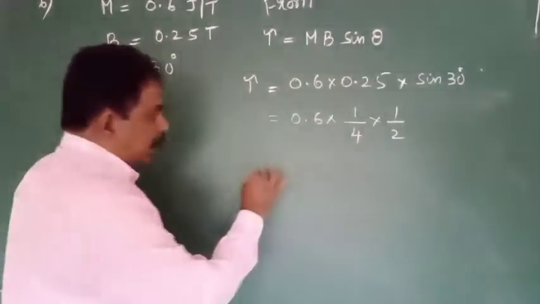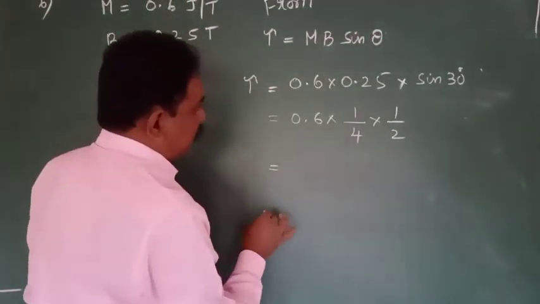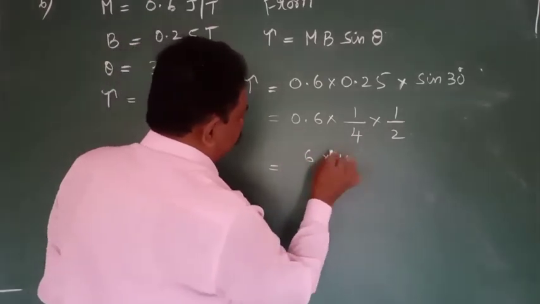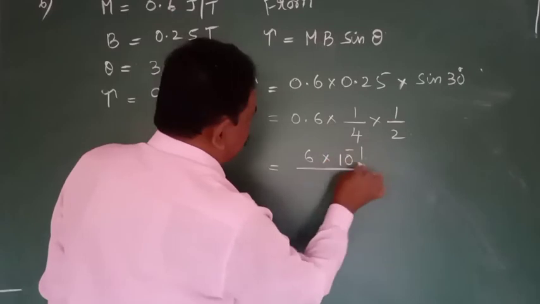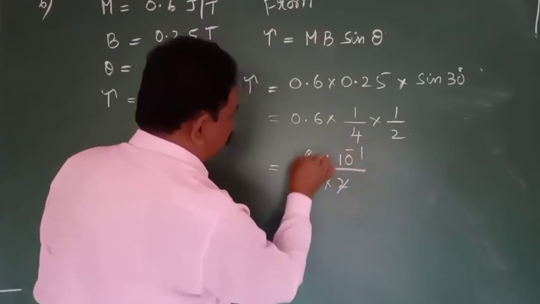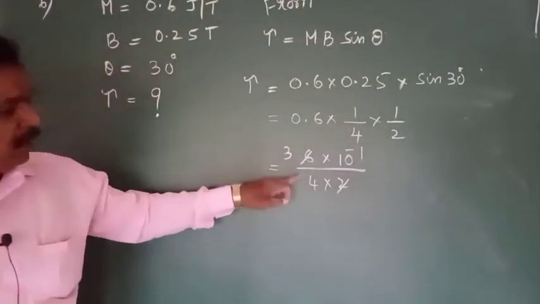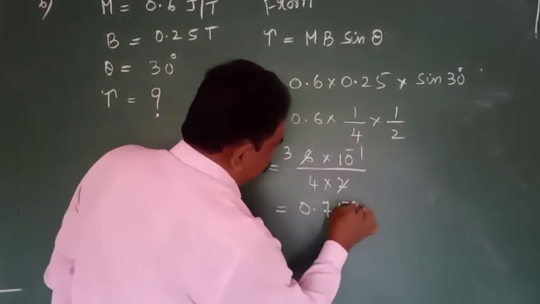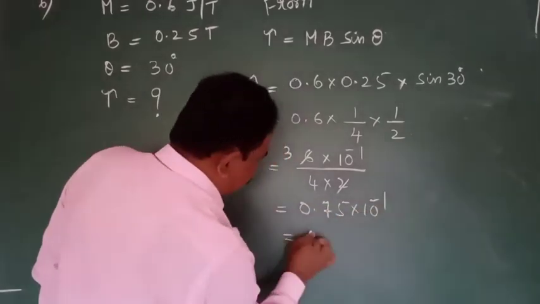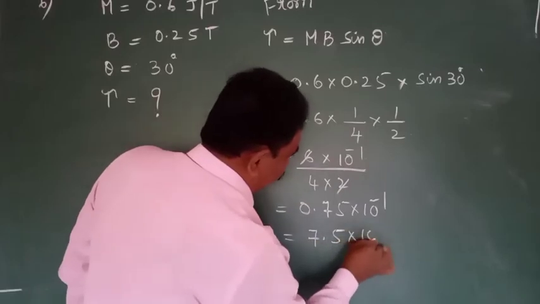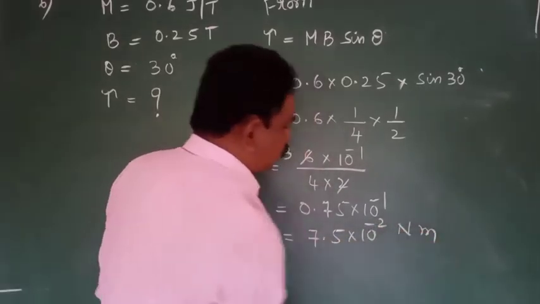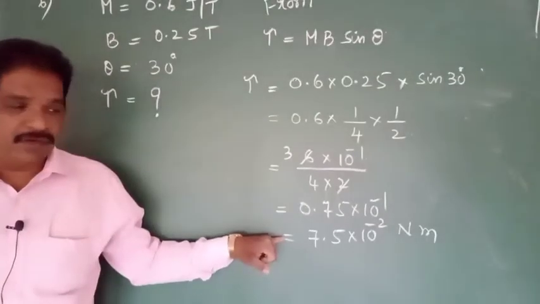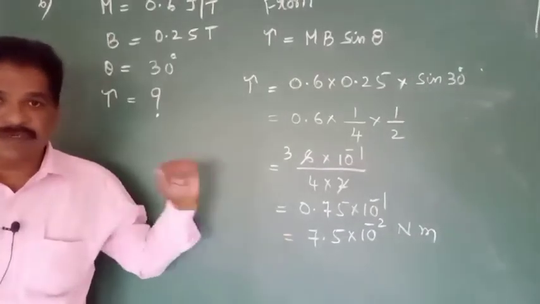If we calculate this: 6 into 10 power minus 1 divided by 4 into 2, the 2 and 3 cancel, 3 by 4 will be 0.75 into 10 power minus 1, this is 7.5 into 10 power minus 2 Newton meter. So the torque acting on that solenoid will be equal to this.